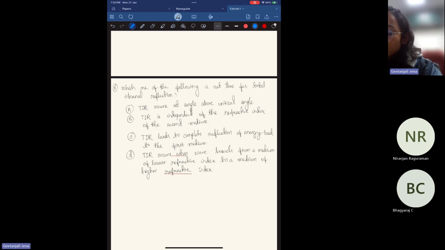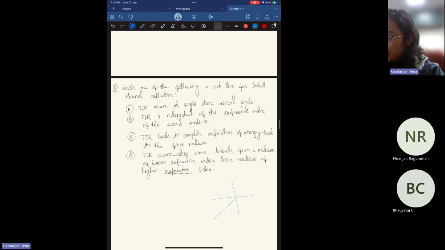It depends on the refractive index of the first medium as well as the refractive index of the second medium. And the third option, TIR leads to complete reflection of energy back to the first medium, which is not correct because whenever TIR occurs, there is an evanescent wave that penetrates into the second medium. Okay, that you have already seen in the lecture.